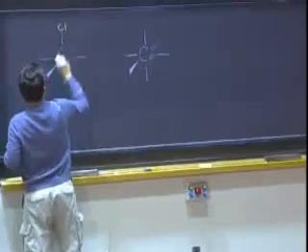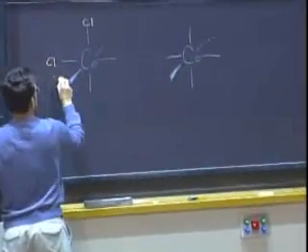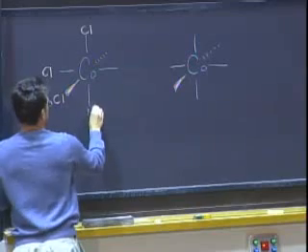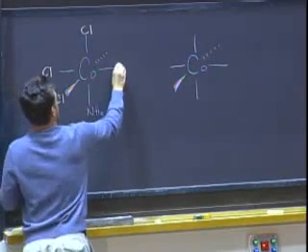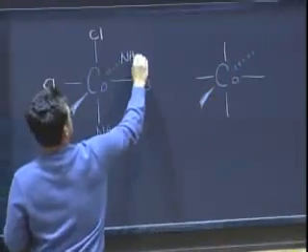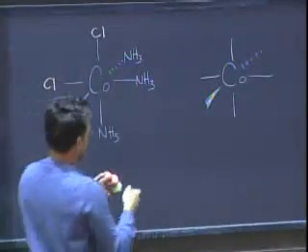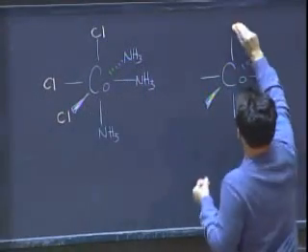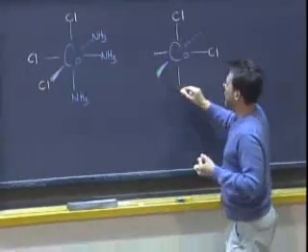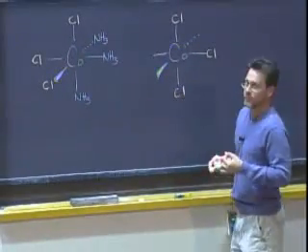Let's say I put the first one here, second one here, third one here. That's one of our possible isomers of this neutral coordination complex. And then the other possibility, the only other possibility, is with one there, and then the third one here.